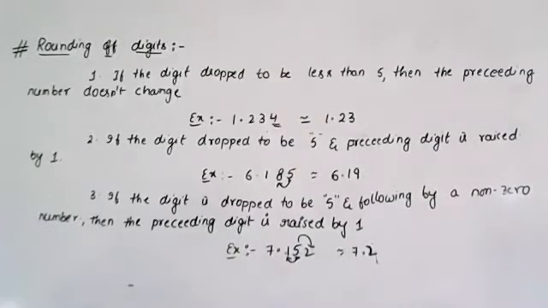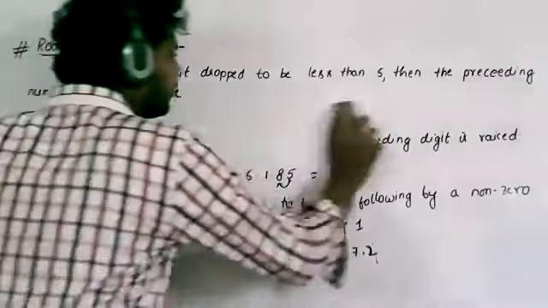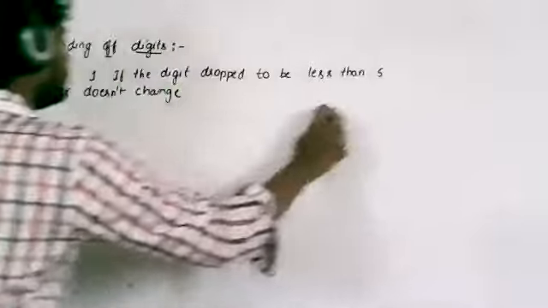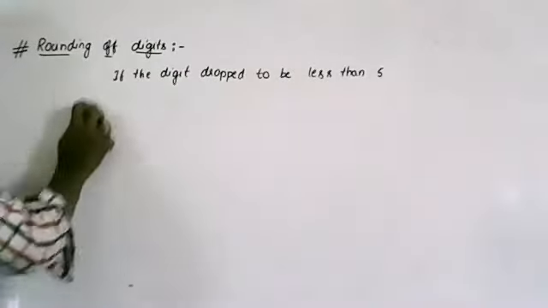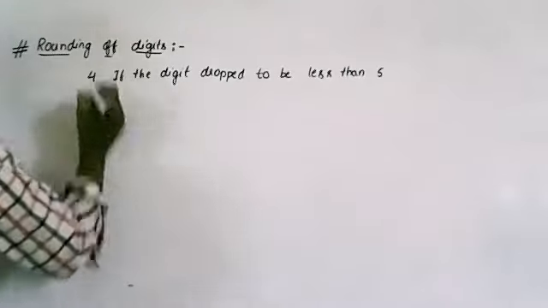Yeah, then I'll go for the next point. If there are no decimals, rounding is not possible. So if the digit dropped is 5, under the fourth point, actually instead of telling 2 points, I will conclude with only 1 point.